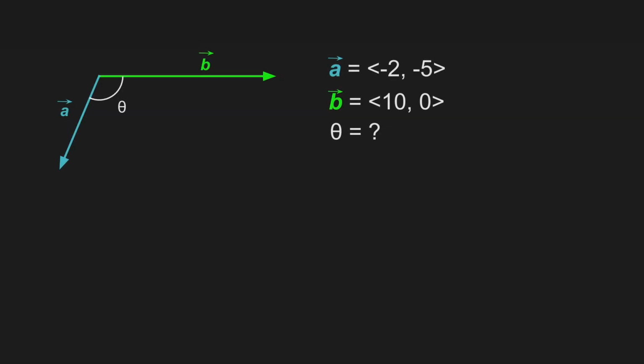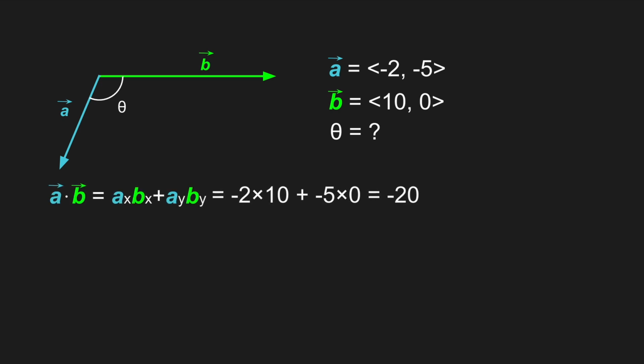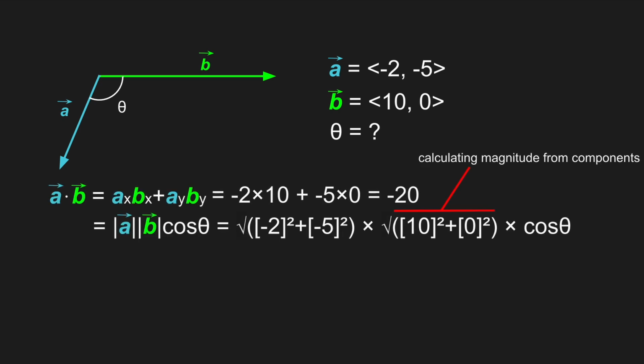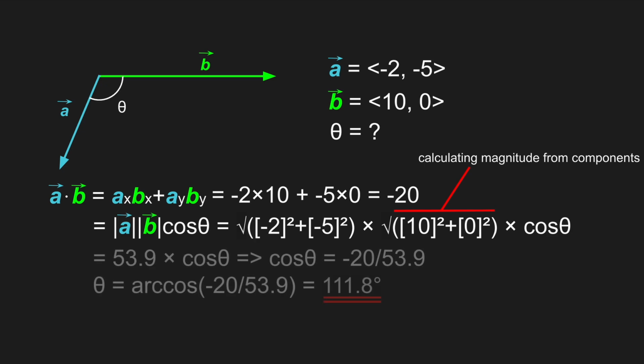Moreover, using the two definitions together allows us to find the angle between two vectors that we know the components of, since we can calculate the magnitude using the components. We first calculate the dot product using the algebraic formula, then calculate magnitudes of each vector, then we find the result of cosine theta, and using inverse cosine we find theta.